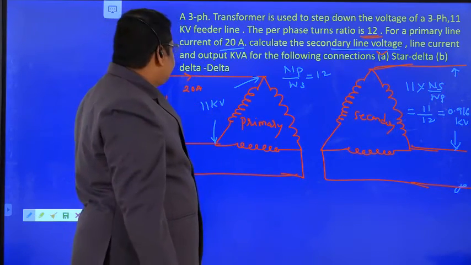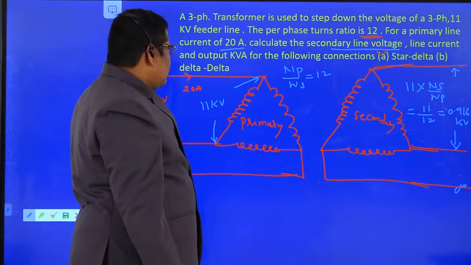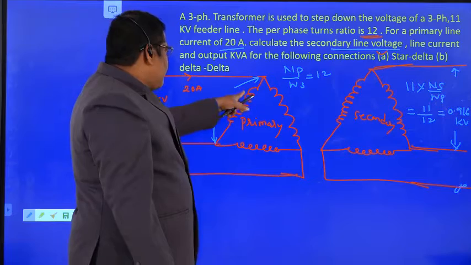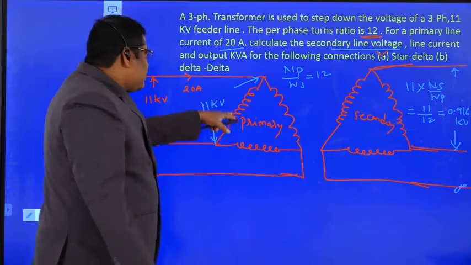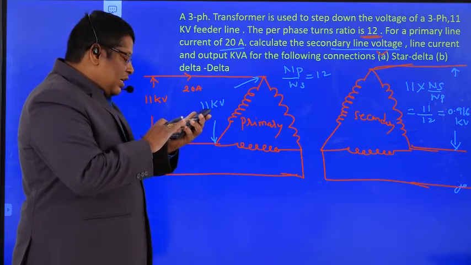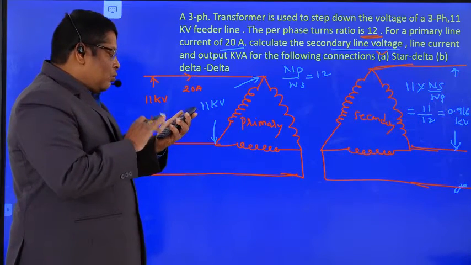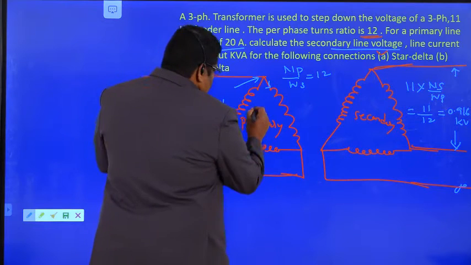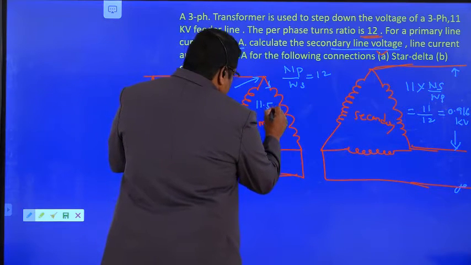Next, the line current. To find the secondary line current, first of all you have to calculate the phase current. Here the primary winding is connected in delta and the line current is given, so 20 divided by 1.732. So the current flowing in one phase is 11.54 amperes.